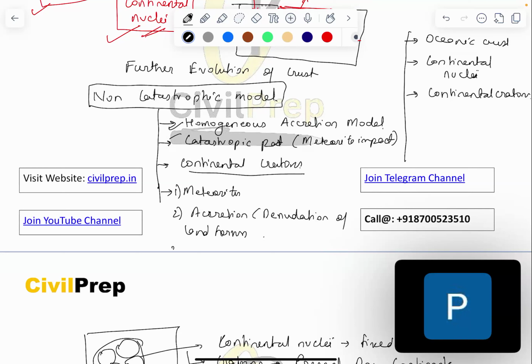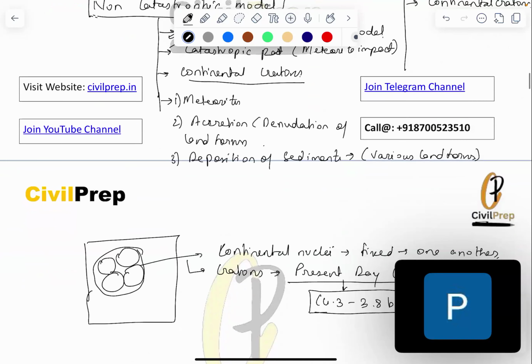And the third thing, there was deposition of sediments. This resulted in the formation of various landforms.